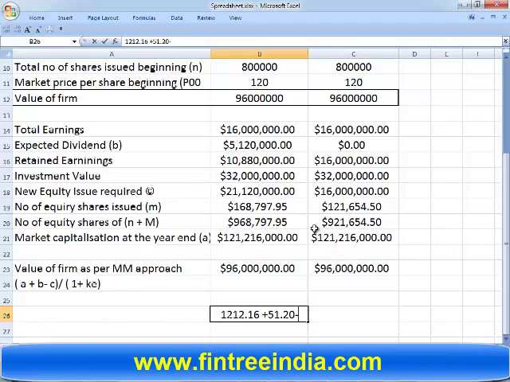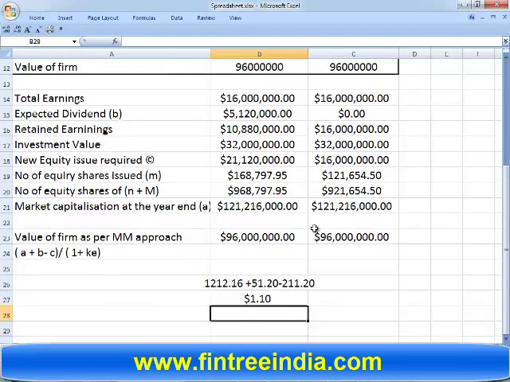So this is 21 million. So 211.20 divided by 1.096. अब करके दिखवाता है क्यों? 1212.16 plus 51.20 minus 211.20 divided by 1.096. कितना आ रहा? 96 आ रहा? 95.9. हाँ, 96.